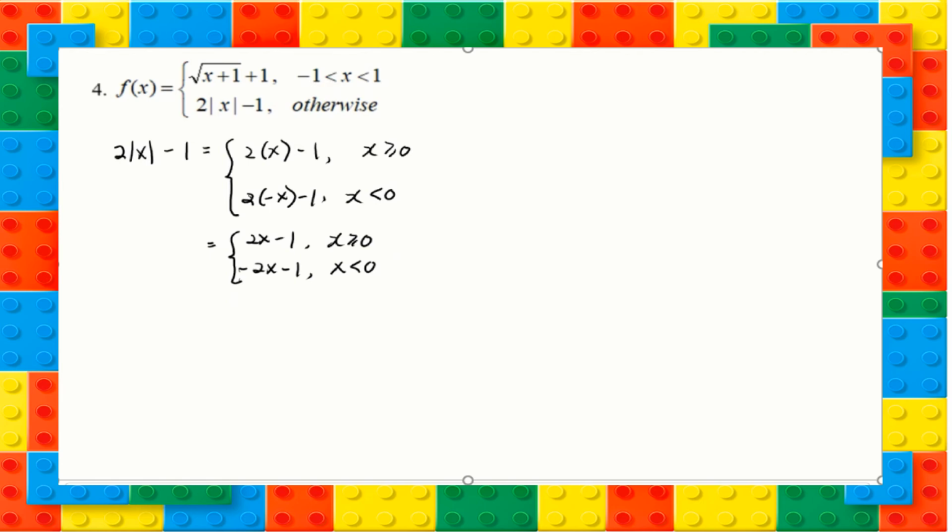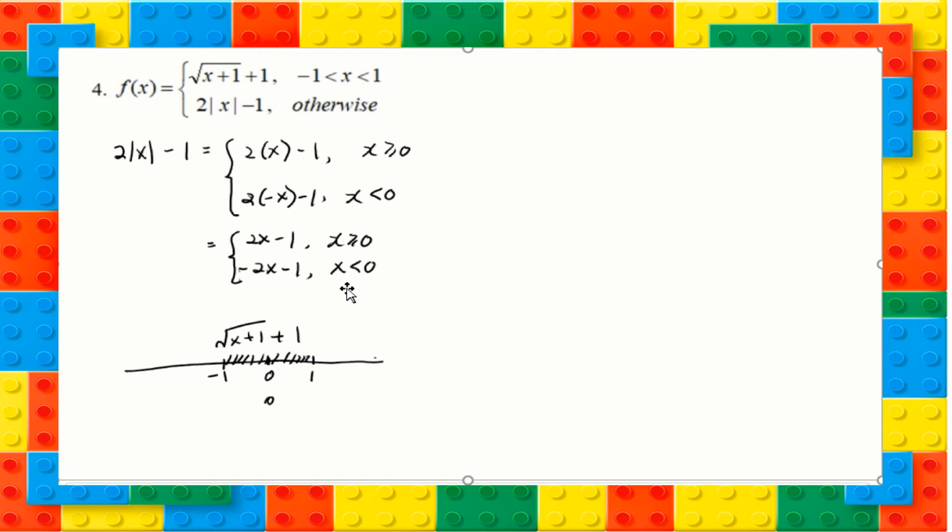So now we try to use the number line to see. From the main piecewise function, we can see that when x is in between -1 up to 1, this region of x is occupied by square root of x plus 1 plus 1. Now we go to the new piecewise.